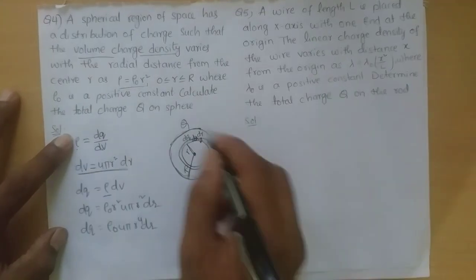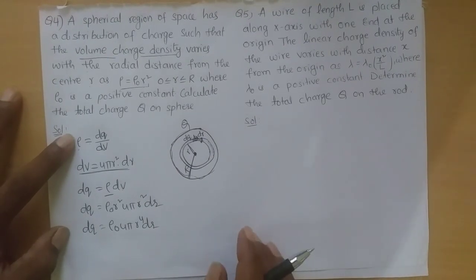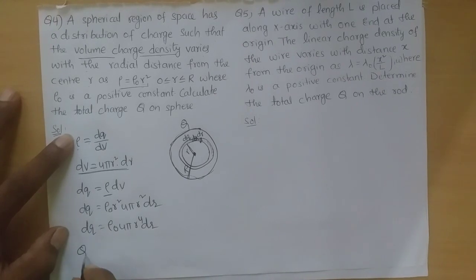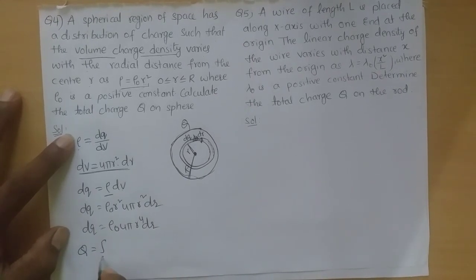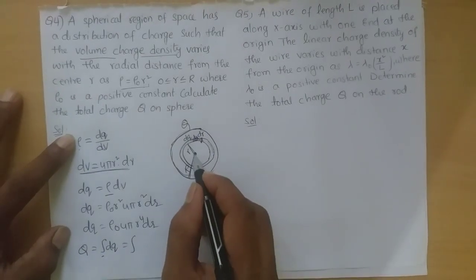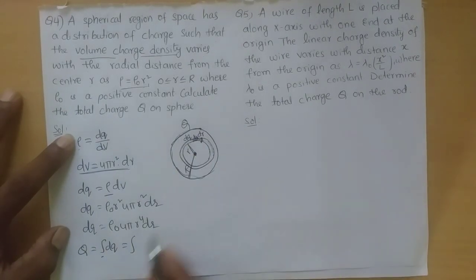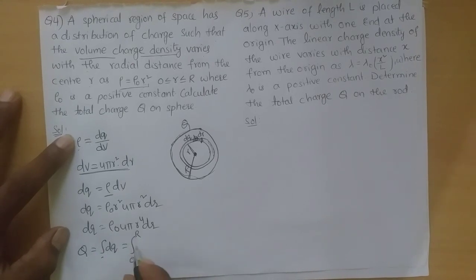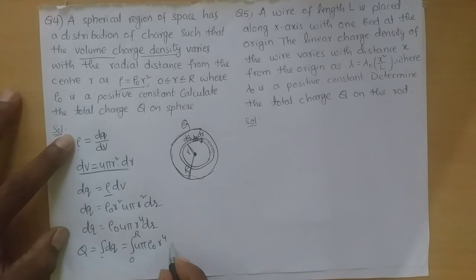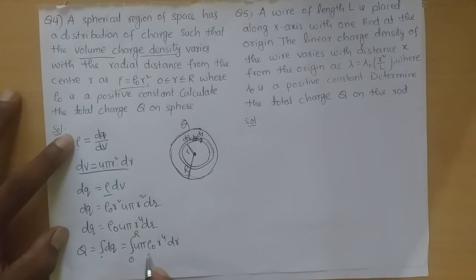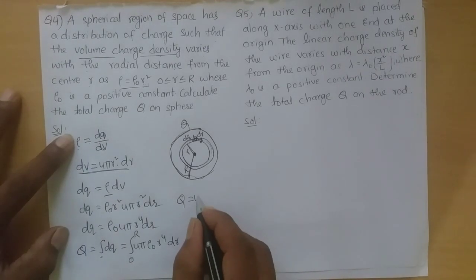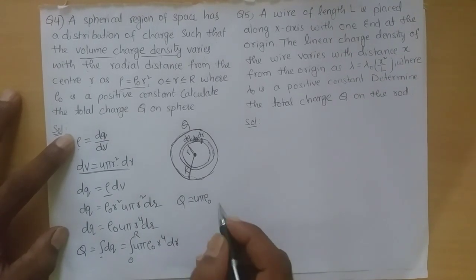So to get the total charge we have to integrate with the proper limits. Now the total charge in the sphere is Q, and we have to find that. Q equals the integration of dq, where the radius varies from the center 0 to capital R. So from 0 to capital R, 4 pi rho naught r power 4 dr. From this we can write Q equals 4 pi rho naught, which are constants.